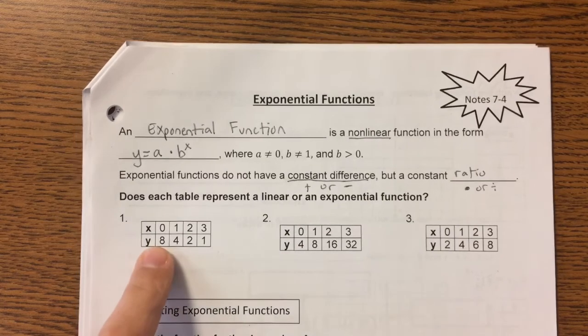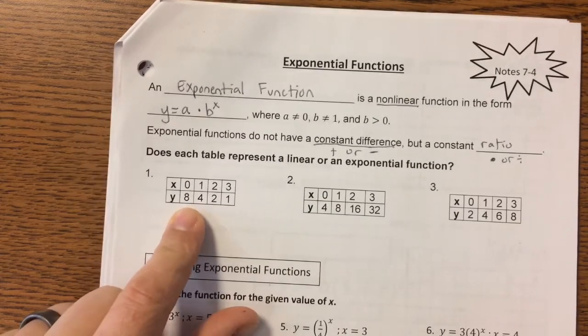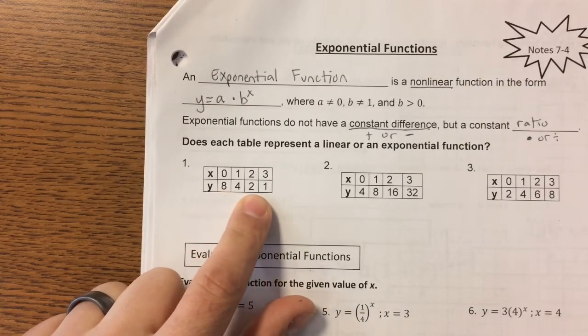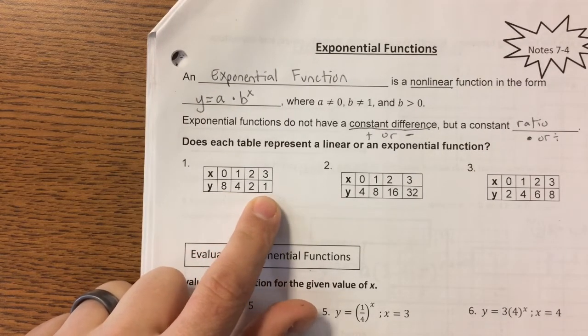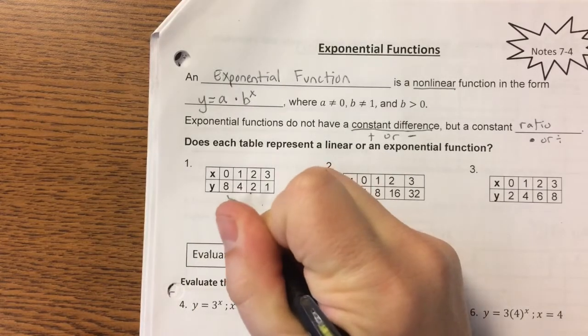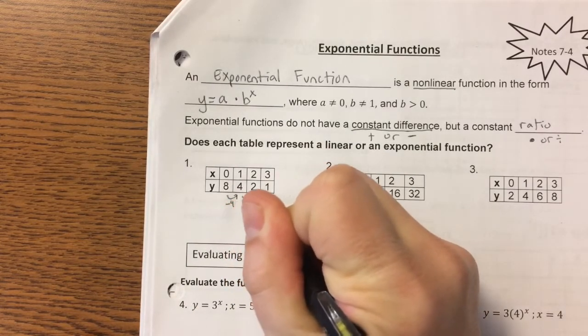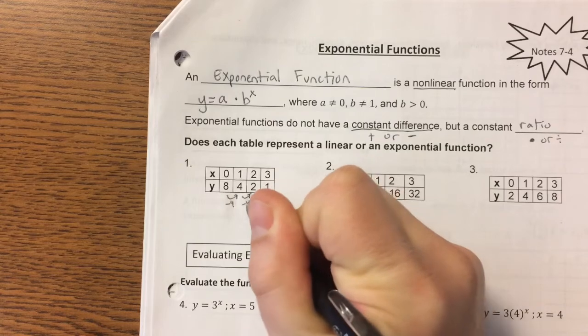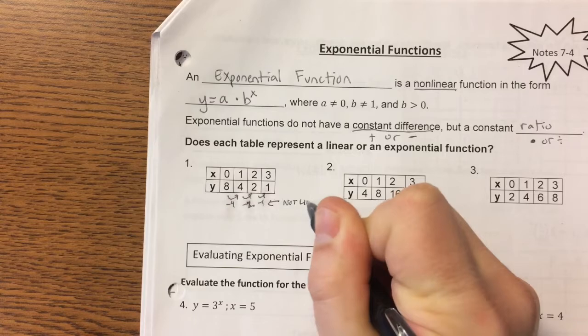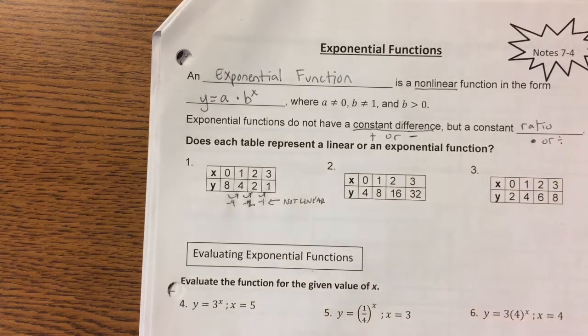So, like number 1, I'm subtracting 4, subtracting 2, and then subtracting 1. So my first question is, is it linear? Once again, since the amount that I'm subtracting is not the same, we say it's not linear. The next check is, okay, it's not linear, but is it exponential? Is there a ratio that I'm multiplying by every time? Is there some constant multiple?